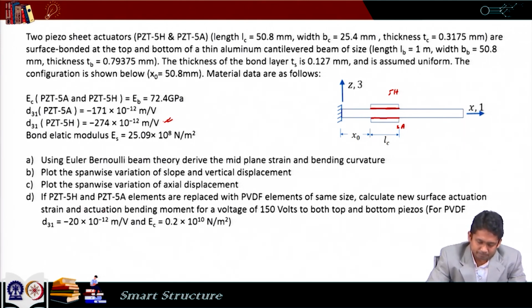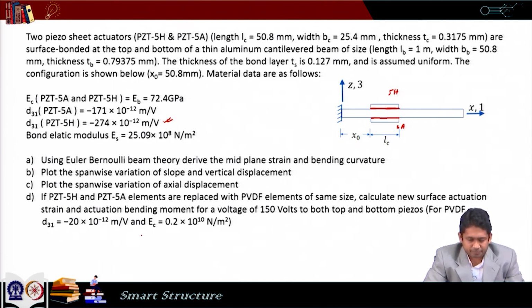And if these two patches are replaced with a PVDF, polyvinylidene fluoride, of same size, then calculate the new surface actuation strain and actuation bending moment for a voltage of 150 volts to both the top and bottom piezos, and the property of the PVDF is given to us.